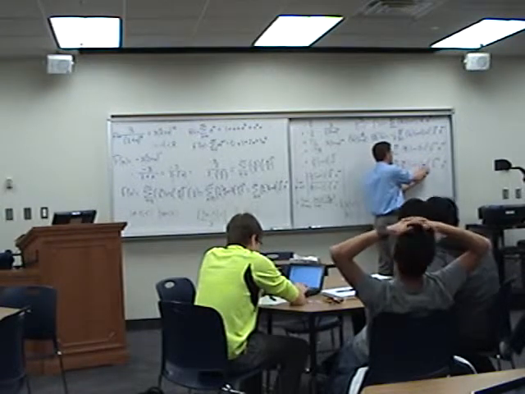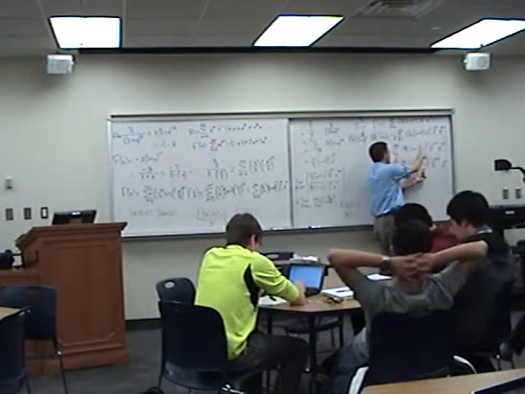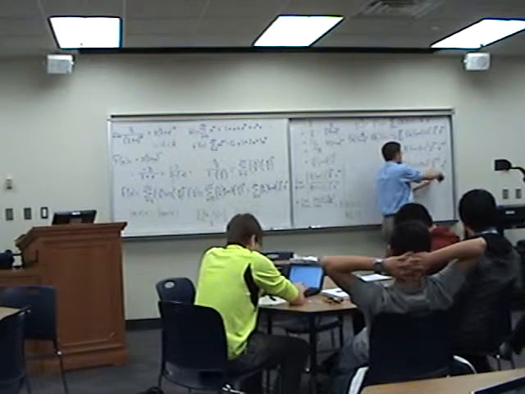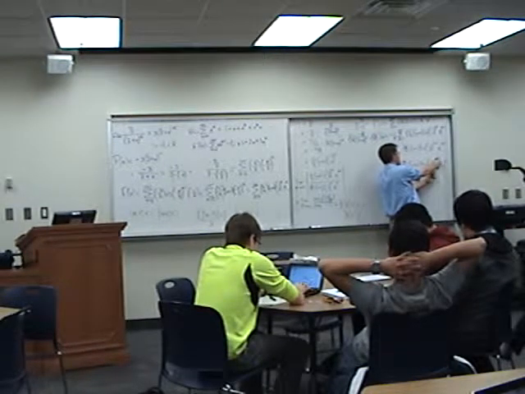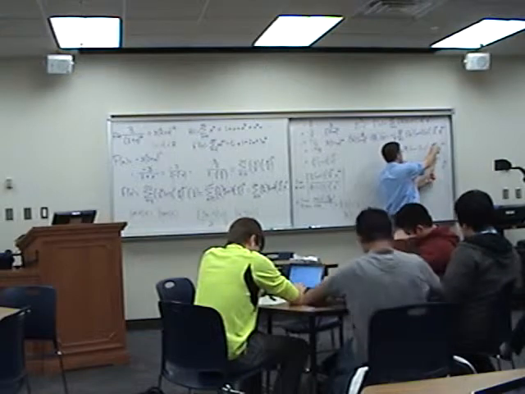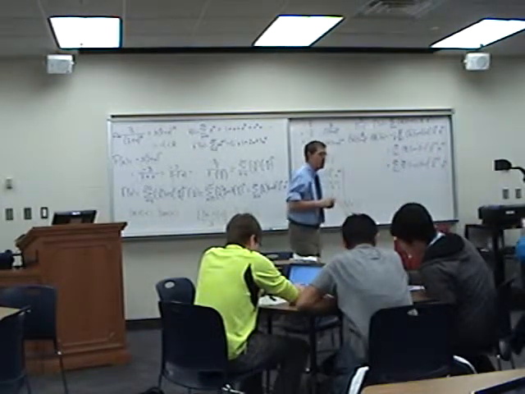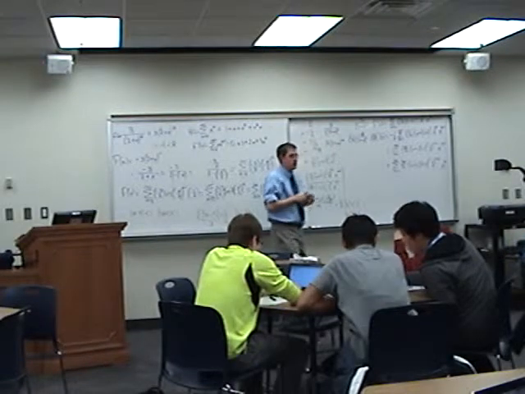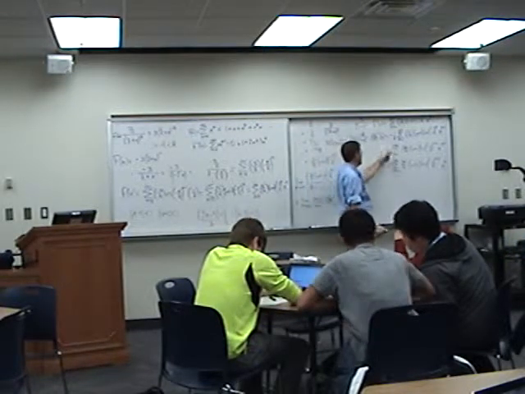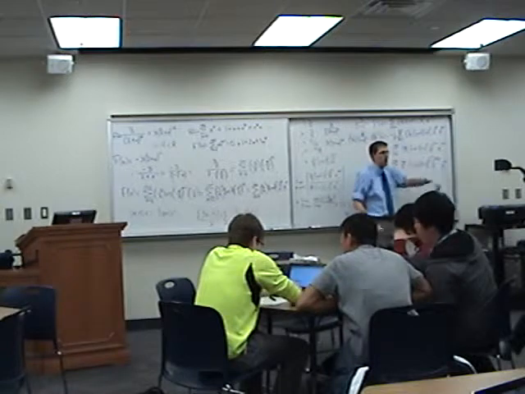Plug in 0 into that one, 0 plus 1 is 1. Plug in 1 into that one, that's 1. Plug in 0 into here, that's 0 plus 2 is 2. Plug in 1 into there, that's 1 plus 1 is 2. Does it work the same way if I wanted to go from 0 to 1? I would just subtract. Correct. So if you were going from 0 to 1 in the series, you would subtract 1 from it.